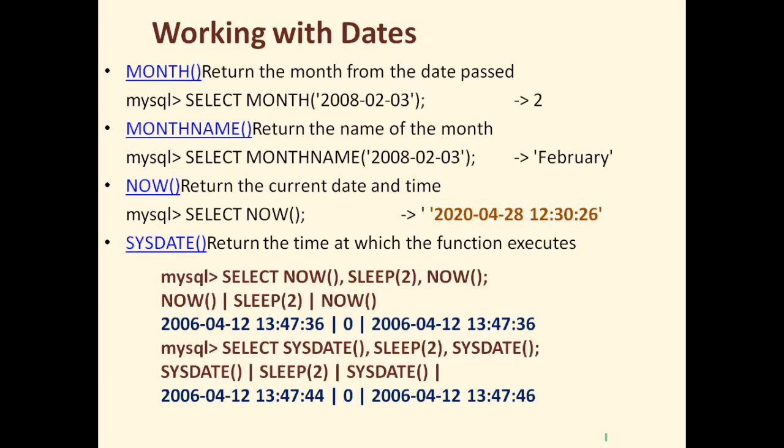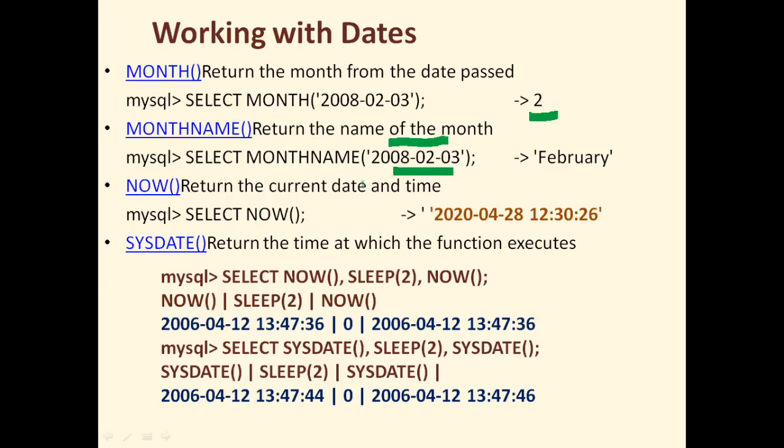The month function returns the month from the date passed in the argument, and that is also in terms of a number. Monthname returns the name of the month from the date given to the function.